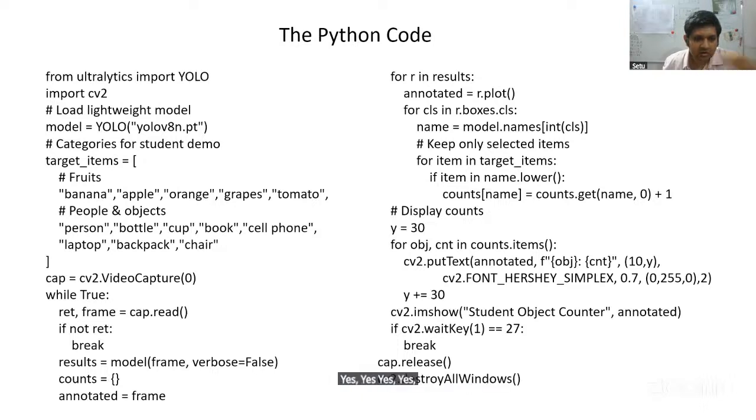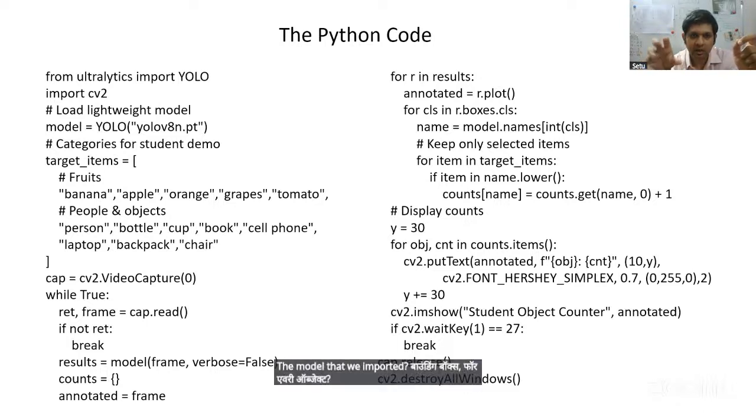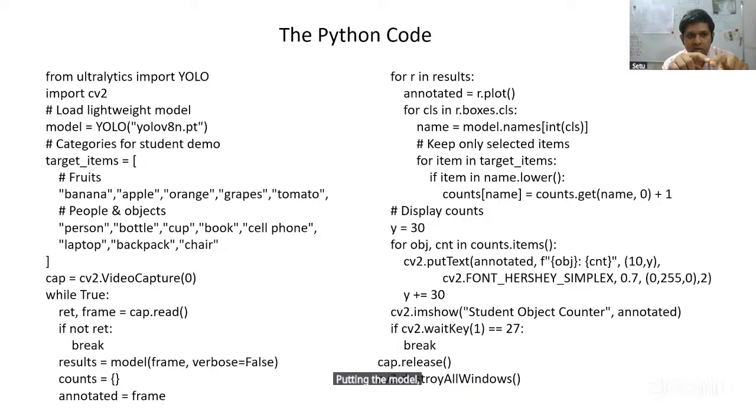So all in all, what this while loop does is run the camera and capture frame by frame, and for each frame it runs the YOLO model, the model that we imported, and it gives a bounding box for each and every object, and also the label. This keeps on running infinitely, capturing the video stream, taking the frame, putting it through the model, showing the box along with the label.